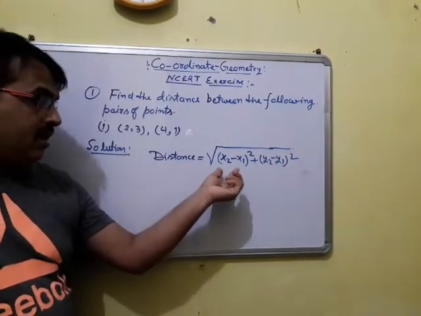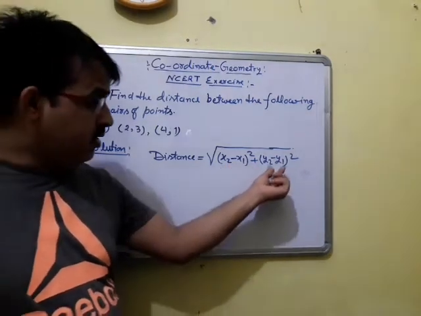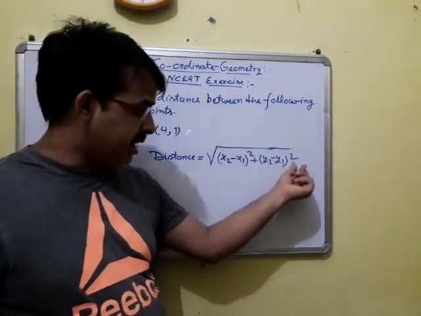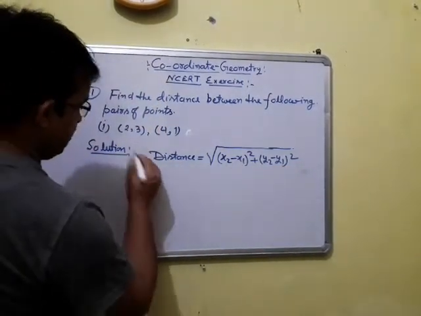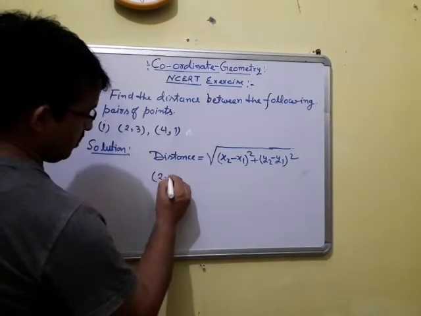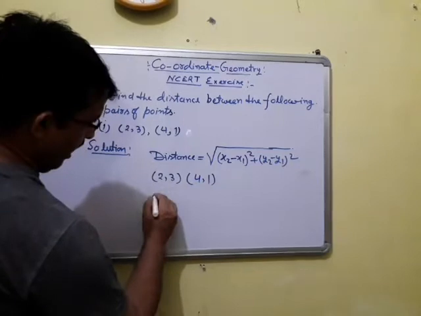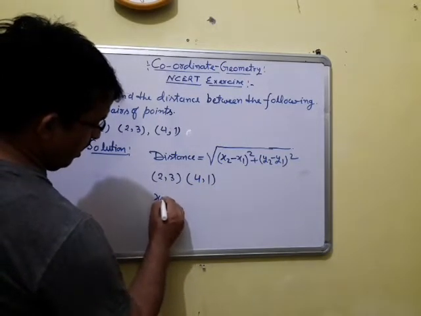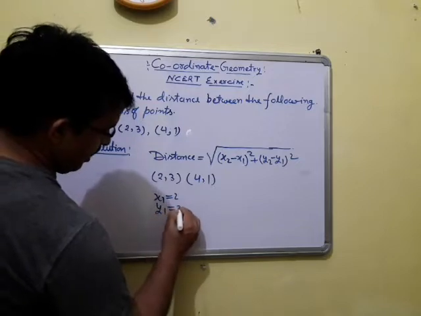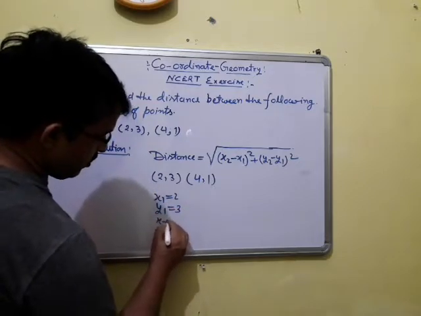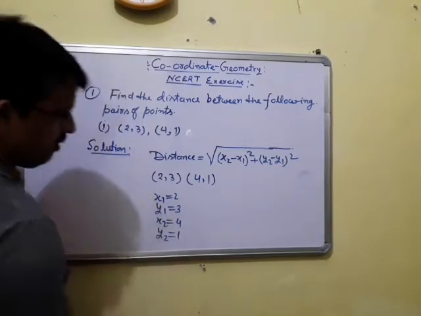The distance is the difference of abscissas squared and the difference of ordinates squared. Clear? Now the points given are (2, 3) and (4, 1). So x1 is equal to 2, y1 is equal to 3, x2 is equal to 4 and y2 is equal to 1.